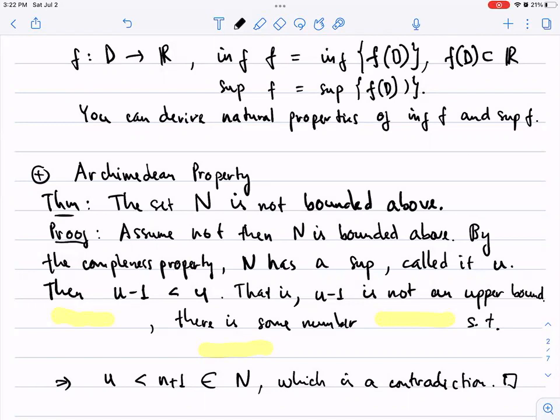Remember, the completeness property says that any set of real numbers which has an upper bound must have a supremum, which is a real number. This supremum might not be in the set, but it must be in the set of real numbers. Now, let's say N has a supremum and we call it u.